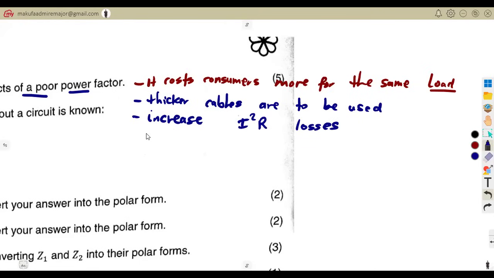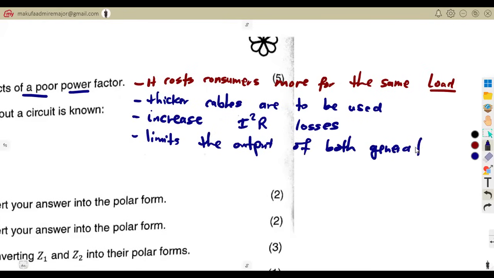It limits the output of both generators and transformers, meaning to say output is limited.